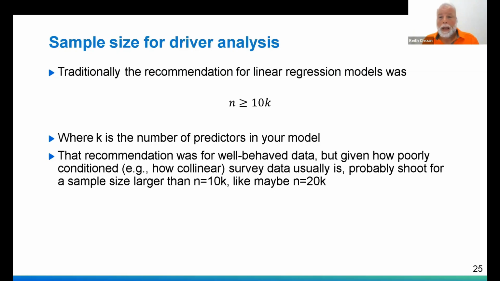But we all know how messy survey research data is, how much collinearity there is in it, how much ill conditioning is in it. And in that case, we should probably shoot for a larger sample size. So I really recommend that we have 20 times as many observations as we have variables in our model, just to account for the fact that I know in advance how messy survey data is.